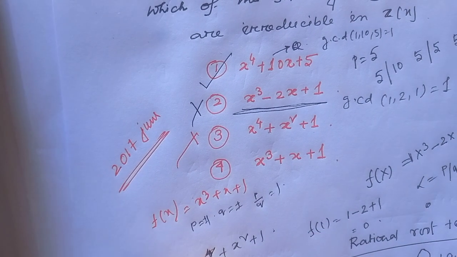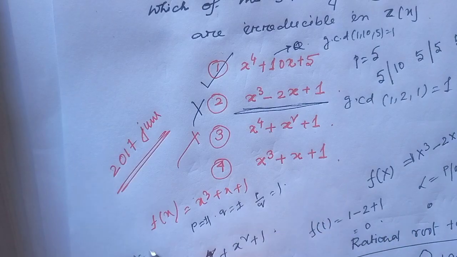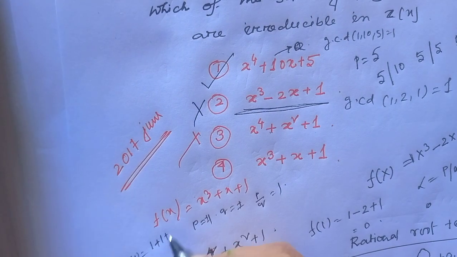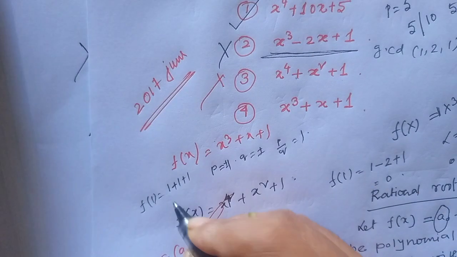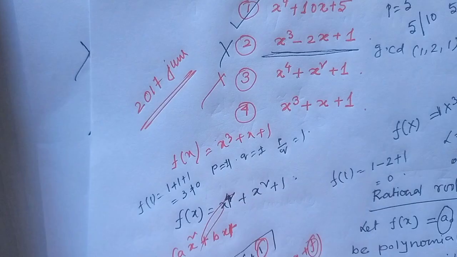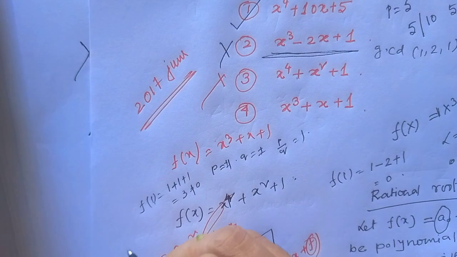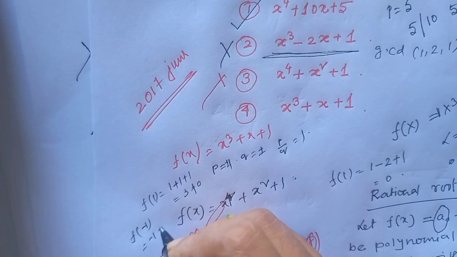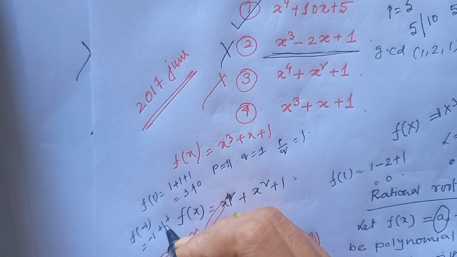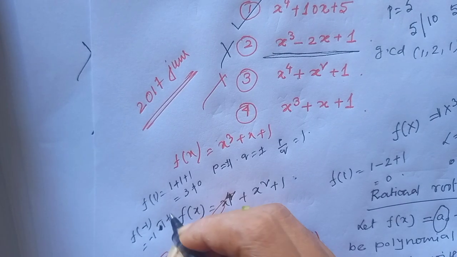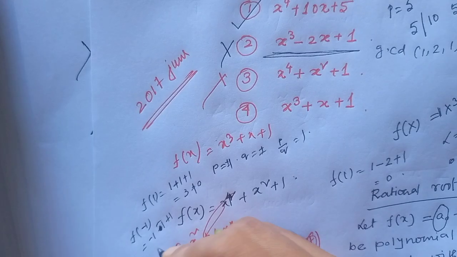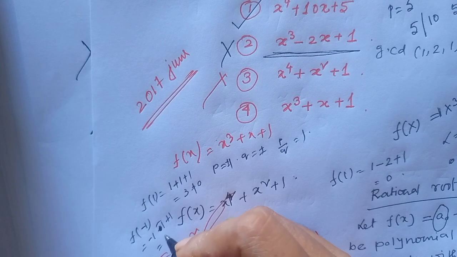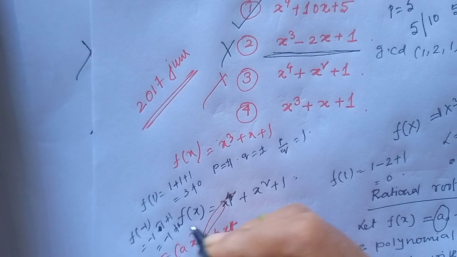At the point, f(1) = 1 + 1 + 1 = 3, which is not equal to 0. Also f(-1) = -1 - 1 + 1 = -1, which is also not equal to 0.